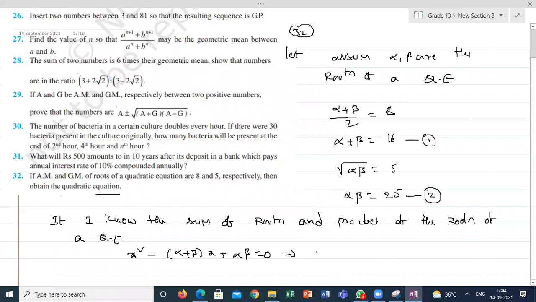From here, the quadratic equation is x square minus 16x plus 25 equal to 0. This is the required quadratic equation which satisfies this condition. If you want, you can factorize and find the roots. Check whether the AM is 8 or not, and whether the geometric mean is 5 or not.